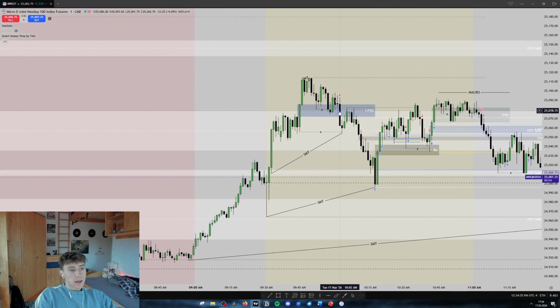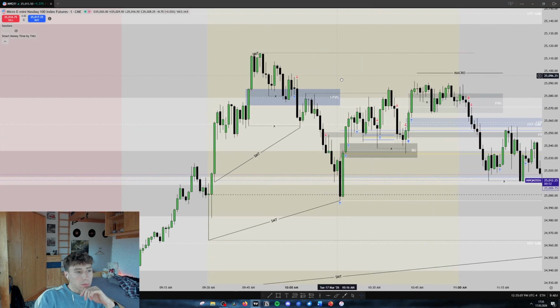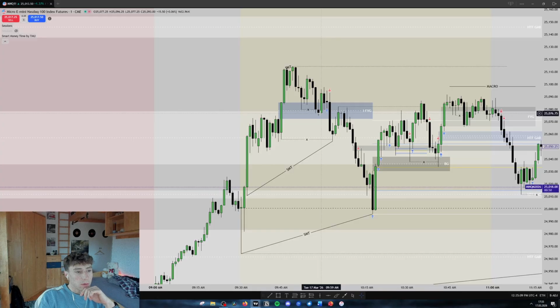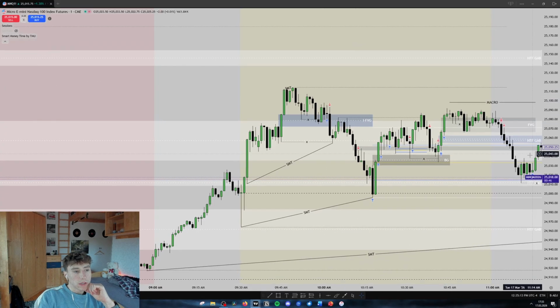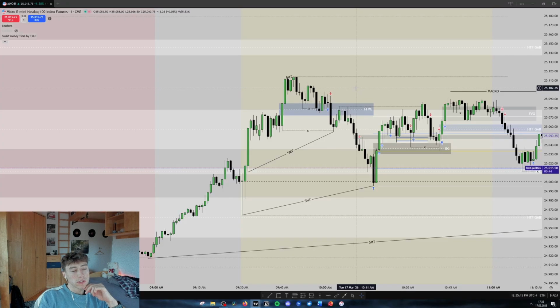In that case, the buy right here, I basically did two things wrong. The first thing is that we have just opened up 10 a.m. right here, and what you can see is that we still did not have a wick below the candle right here. Also, with our hourly candle having opened, we could anticipate that we will see one more move to the downside.